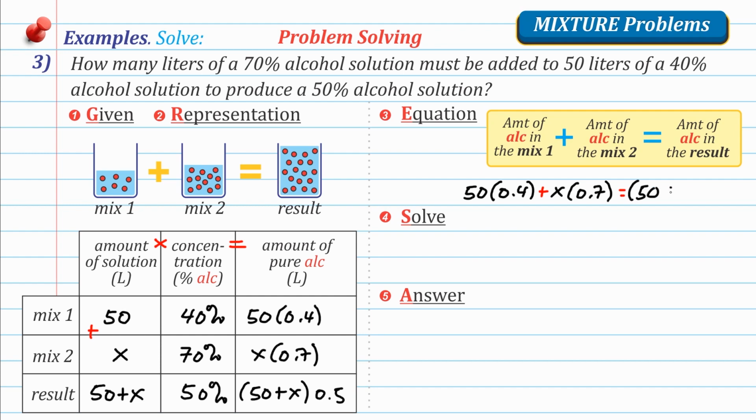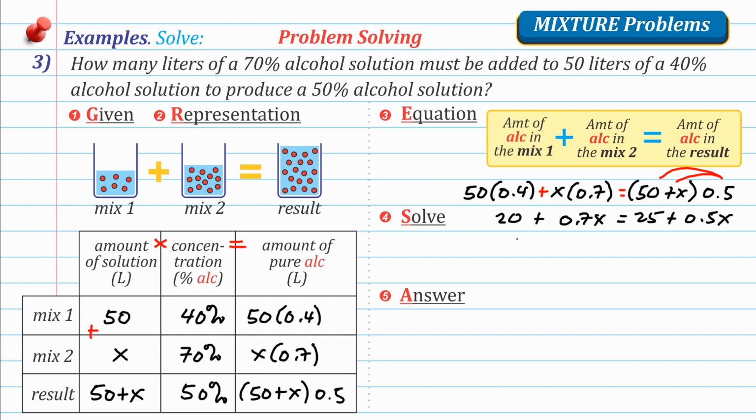We have 50 plus X times 0.5. Simplifying, we have 50 times 0.4 is, of course, 20 plus 0.7x equals, distribute 0.5 here. We now have 50 times 0.5 is 25 plus 0.5x.